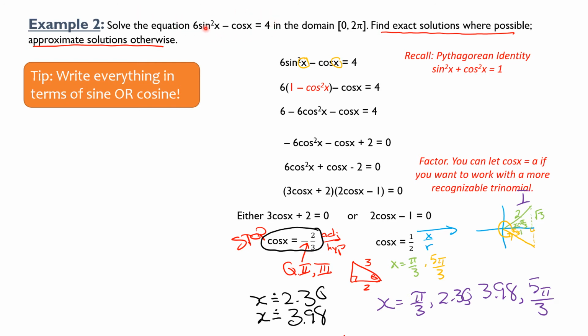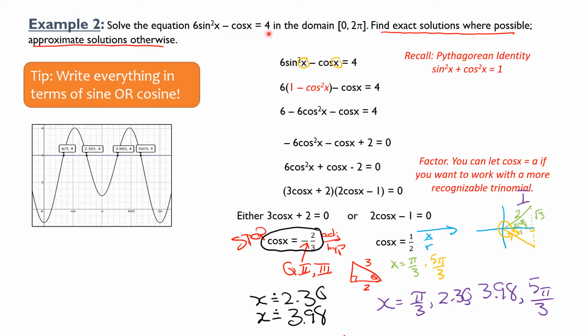If you're typing this into Desmos and you're solving it graphically, the left side would all be one line in Desmos, and then the 4, you would be typing y equals 4. This is y equals this, y equals this. You type that all into Desmos. I'm looking for where this weird wave shape is going to equal 4. It's going to have a y value of 4. So there's the diagram. There's my y value of 4. That's this horizontal line.